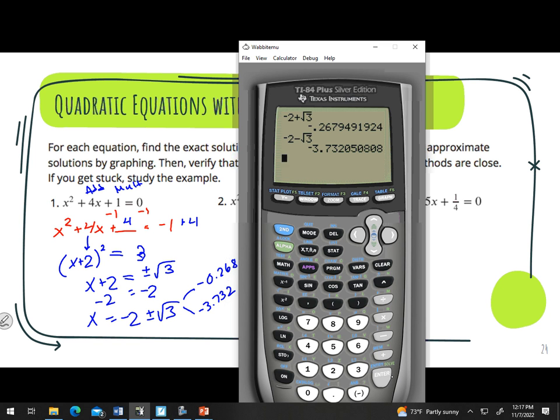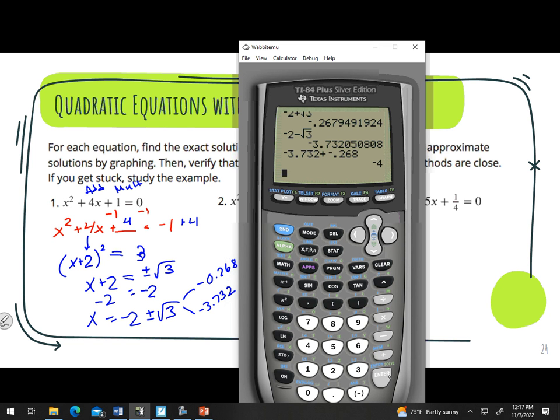What happens when I add these together? I get negative 3.732 plus negative 0.268, and I do get negative 4.